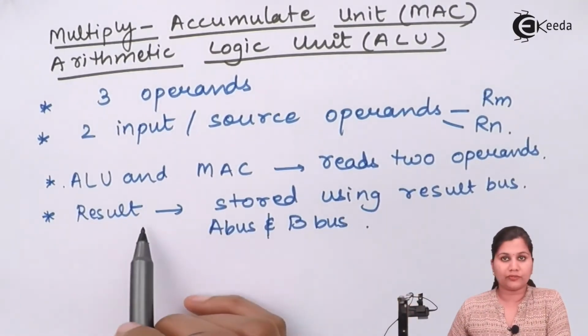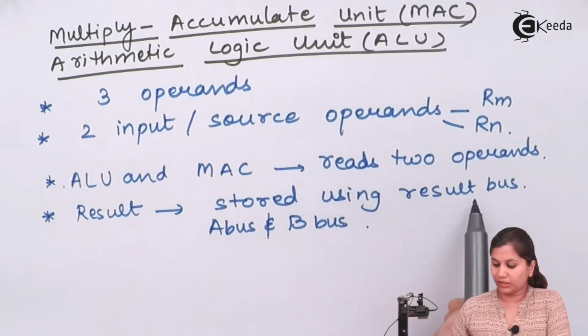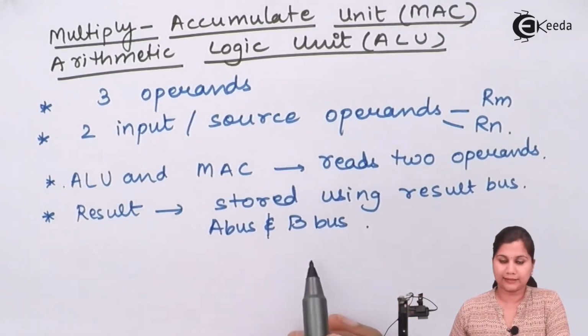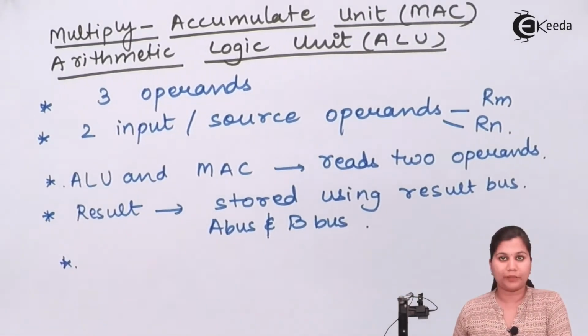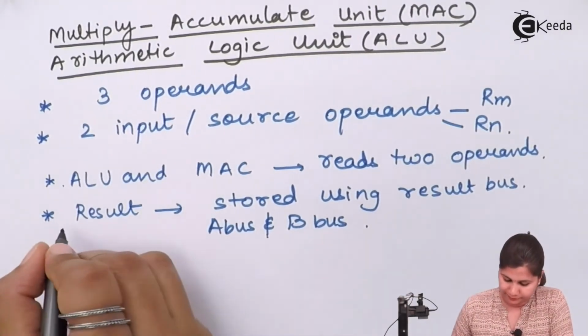So the operands are being carried by the A bus and the B bus, and the desired operation is being done.